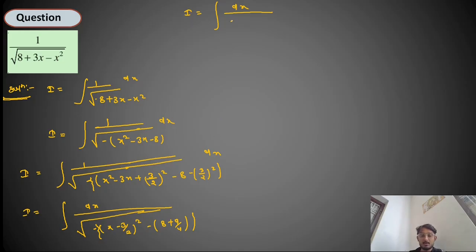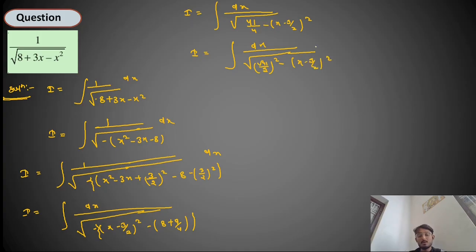It means you will get root of 41 upon 4 minus x minus 3 by 2 whole square. So I equal to dx upon root of 41 by 2 whole square minus x minus 3 by 2 whole square.